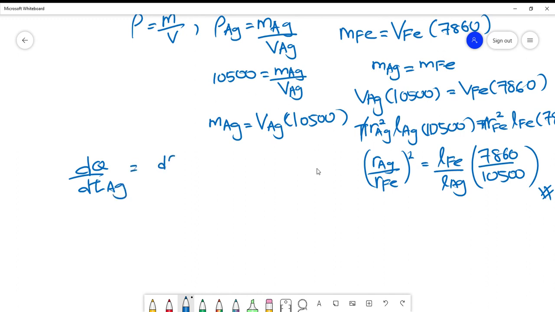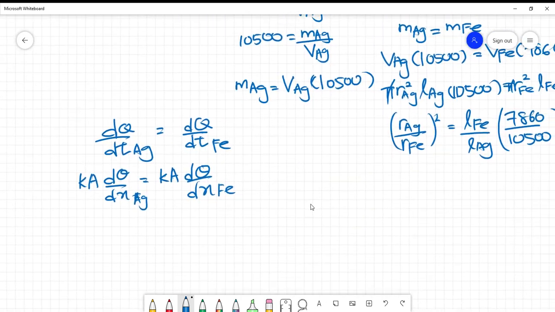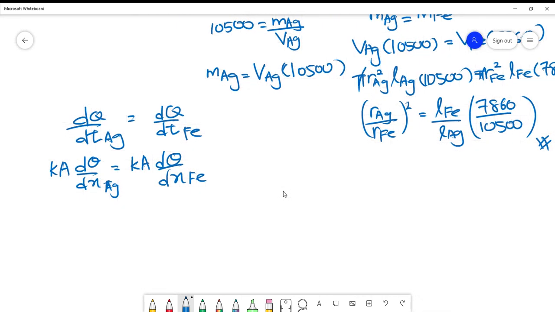So dQ over dt for the iron, K A d theta over dx, equals K A d theta over dx for the silver. Alright, let me just find out.